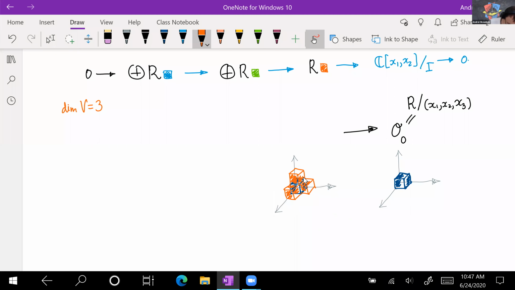And so this would be the direct sum of R times each xi.